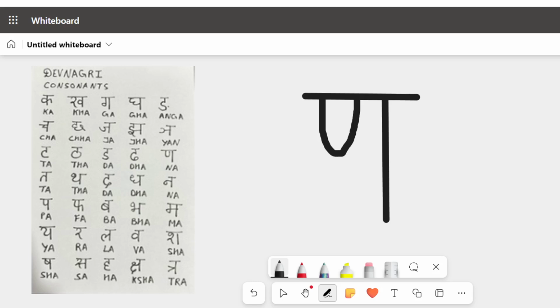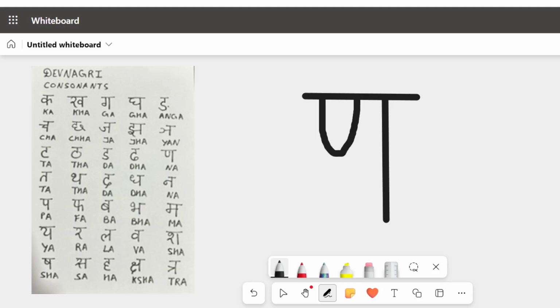So, let's go back and review all these letters we have learned today. The first one is retroflex T, written as Ta. The second one is retroflex aspirated T, written as Tha. Third one in the third row is retroflex D, written as Da.